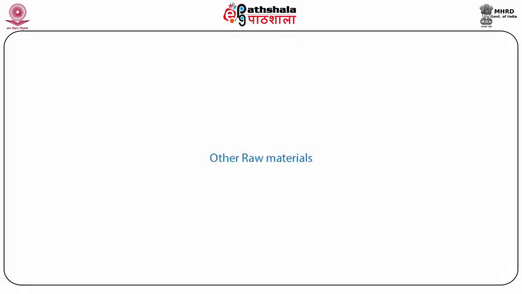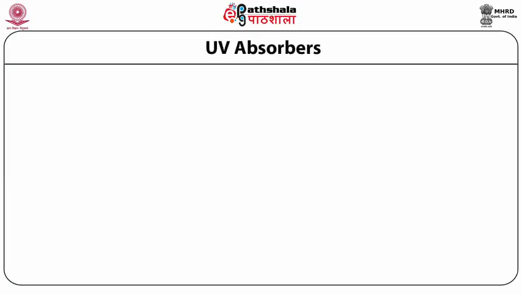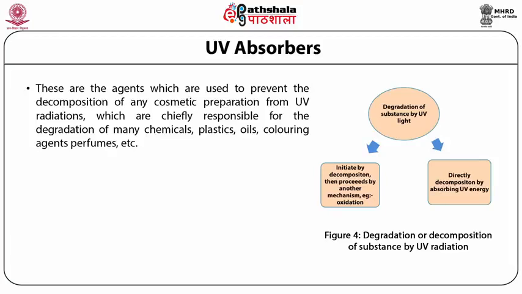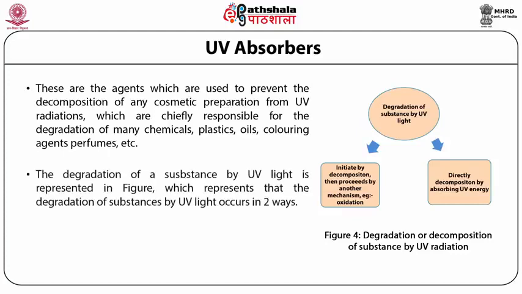Other raw materials used for the formulation of cosmetic products: UV absorbers. These are the agents which are used to prevent the decomposition of any cosmetic preparation from UV radiations, which are chiefly responsible for the degradation of many chemicals, plastics, oils, coloring agents, perfumes, etc. The degradation of a substance by UV light is represented in figure 4, which shows that the degradation of substances by UV light occurs in two ways.